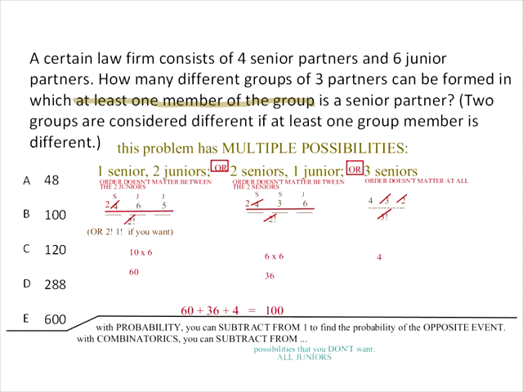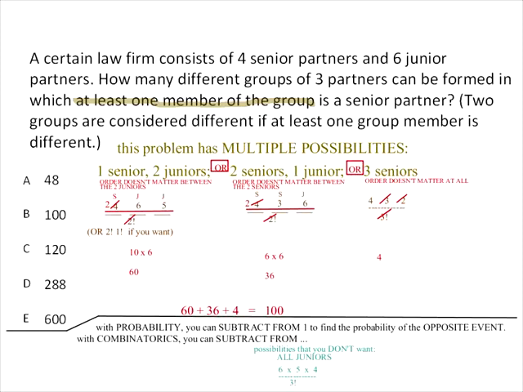All juniors would be 6 times 5 times 4, over 3 factorial. All juniors is 6 by 5 by 4 divided by 3 factorial.